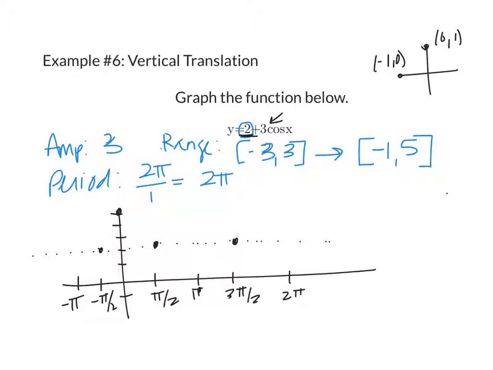So this graph is going to take on this shape here. I forgot the 2 pi; it's going to be back up here. Again, it's no longer oscillating around the x-axis because it has been shifted up by 2 units.